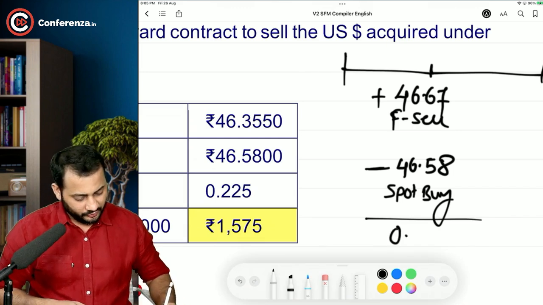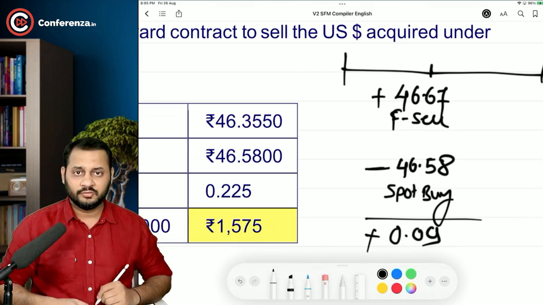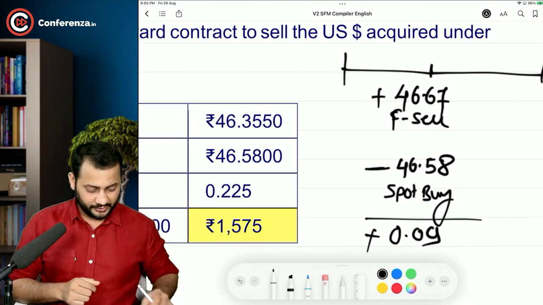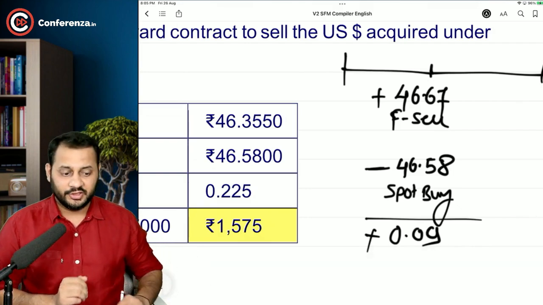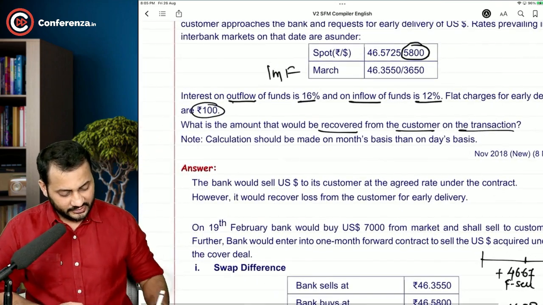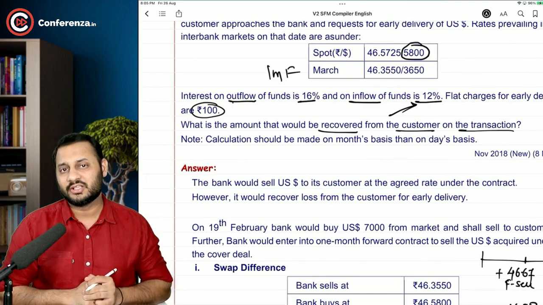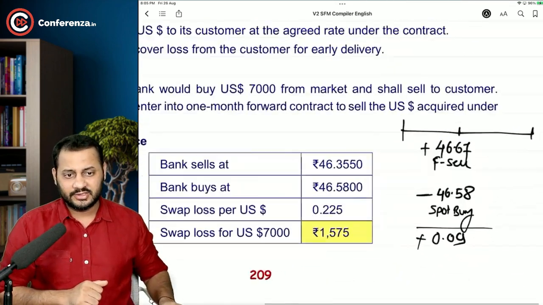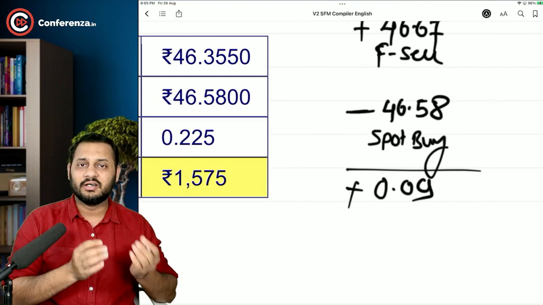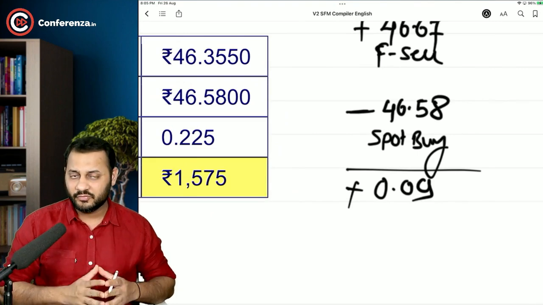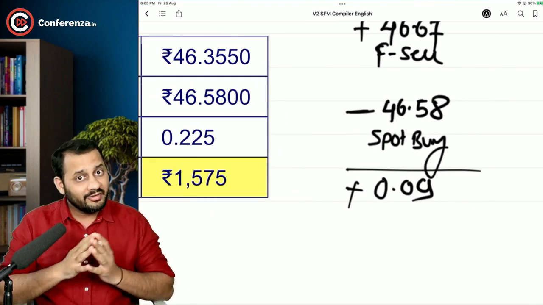So there is a profit of 0.09, which is a good thing. Okay. That's a cash inflow. That's why the question is saying that if there is a cash inflow, the interest of 12% will only be paid to the customer. Obviously, there is a cash inflow. You can clearly see because of the early delivery, the bank is making a profit, and that too an early profit.